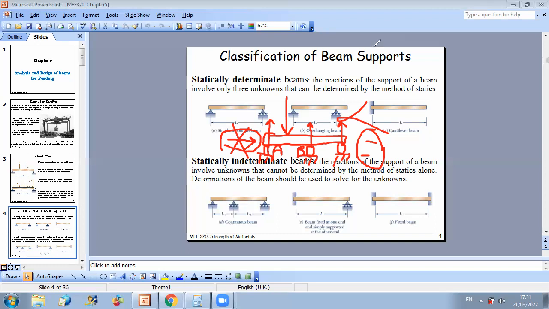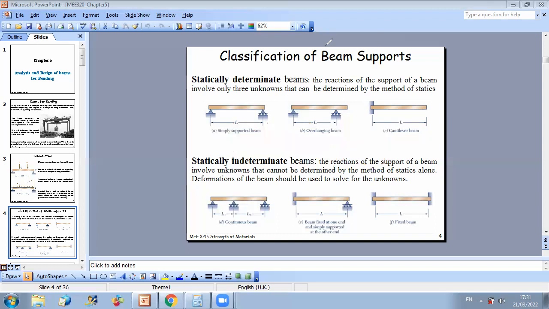Okay, so we have improper and we have redundant supports. What do we mean by redundant supports? This means that we are using more than required. So for example, here are examples of redundant supports. If I use one pin and two rollers, then I have four unknowns. I have two unknowns at the pin, and an additional unknown for this roller, and an additional unknown for this one. So I have four unknowns and three equations that I can write.